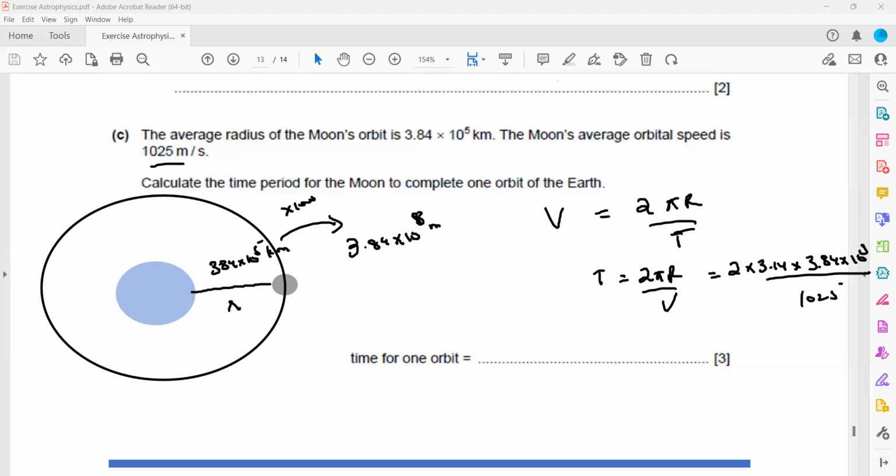When we divide, it will be 2.35 into 10 to the power 6, and the unit will be seconds. Is it clear, how we work out the orbital period of the moon? Yes, sir. Okay.